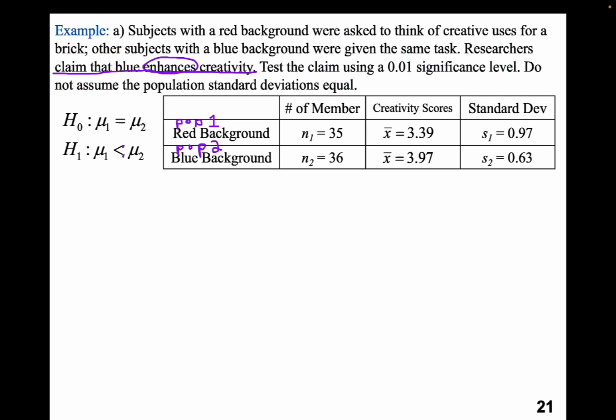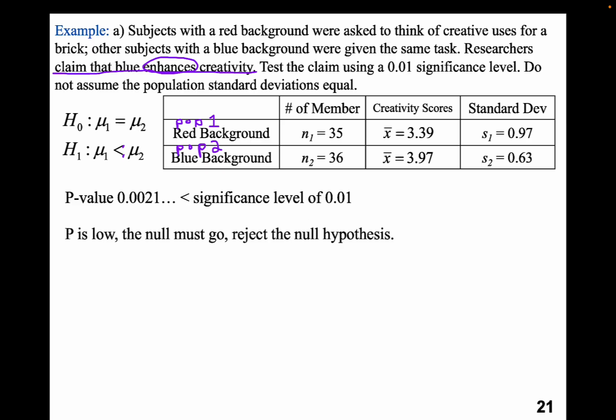Okay, the directions don't request a particular method. So in that case, I usually go with the p-value method. Just a little less work, in my opinion, than drawing the graph. So we've got a p-value of 0.0021, and that is less than our significance level. So we would say that p is low. That means the null must go.